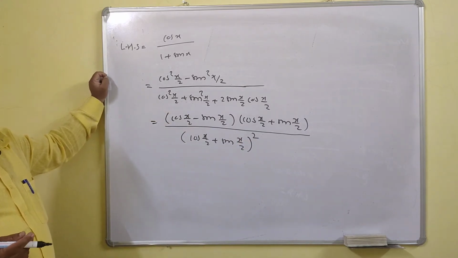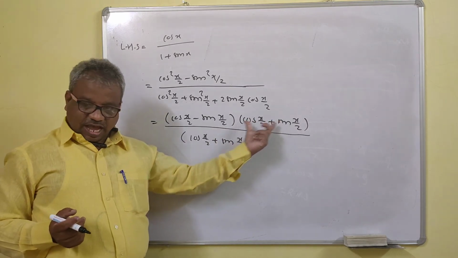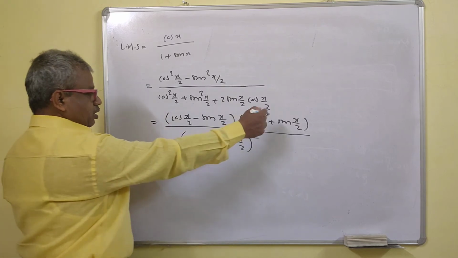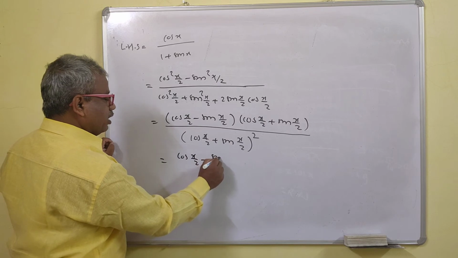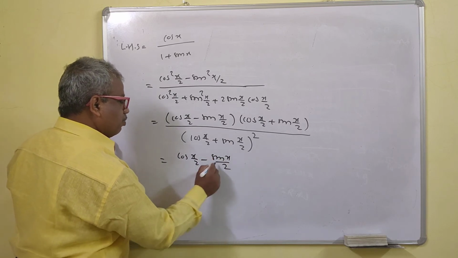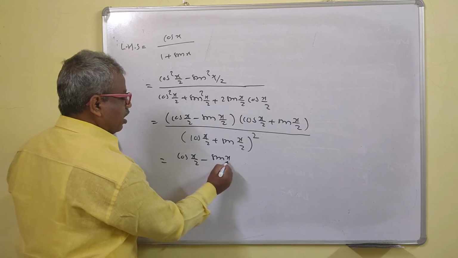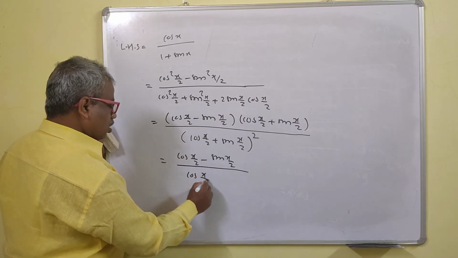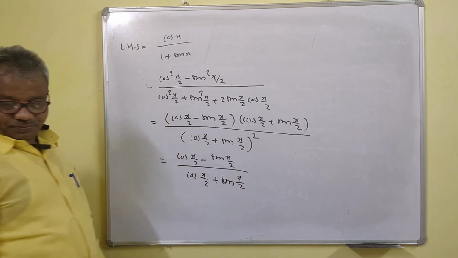Right? Now this is square and this is a upon a square. So one a gets cancelled. That means what? Your this square, this gets cancelled. Now this is what then? Cos x by 2 minus sin x by 2 upon cos x by 2 plus sin x by 2. Your angle is half.